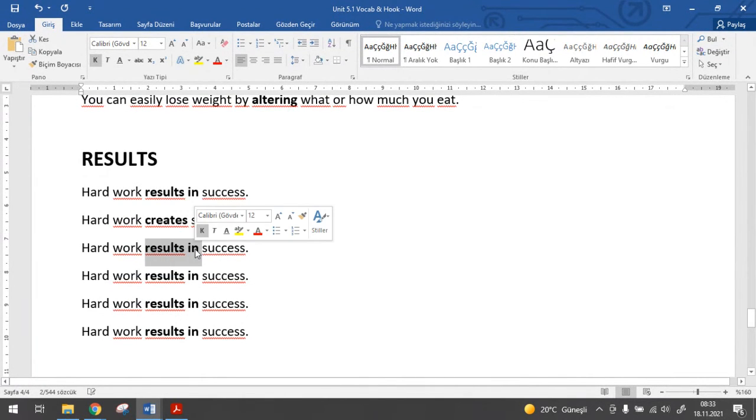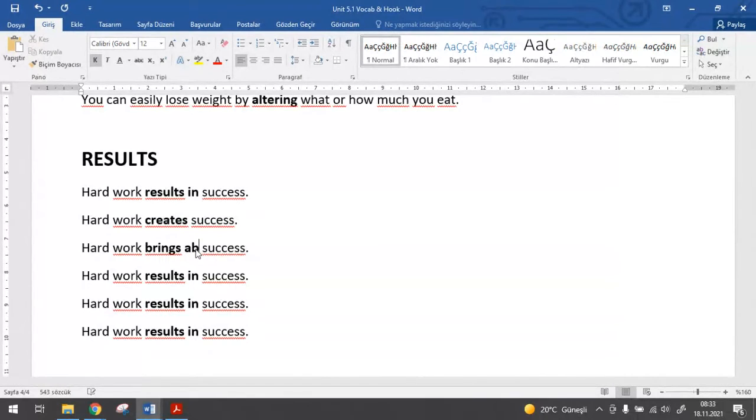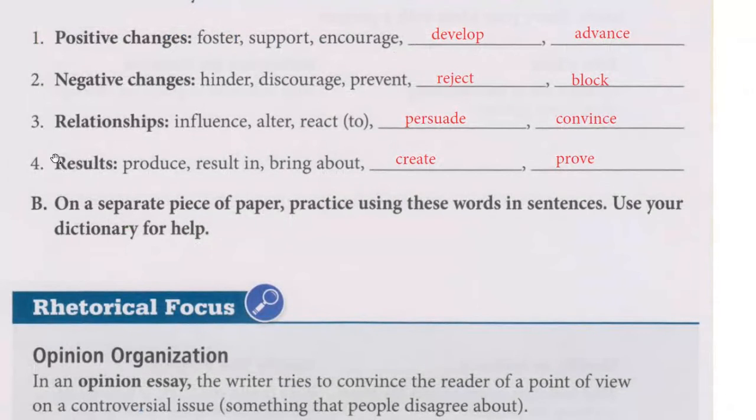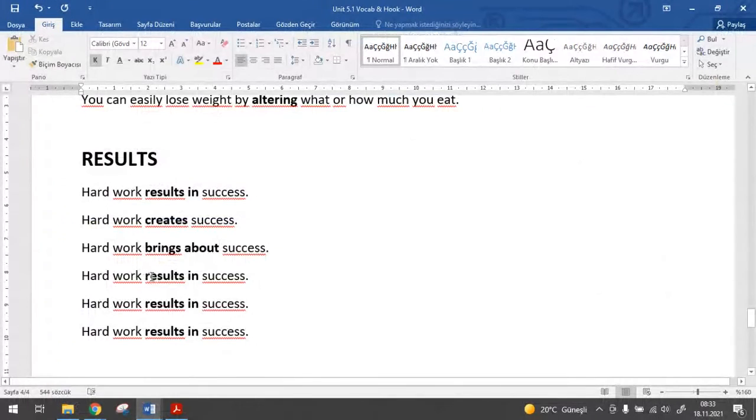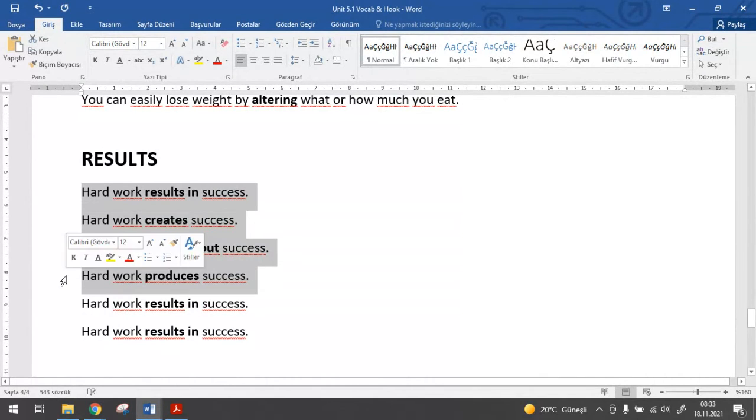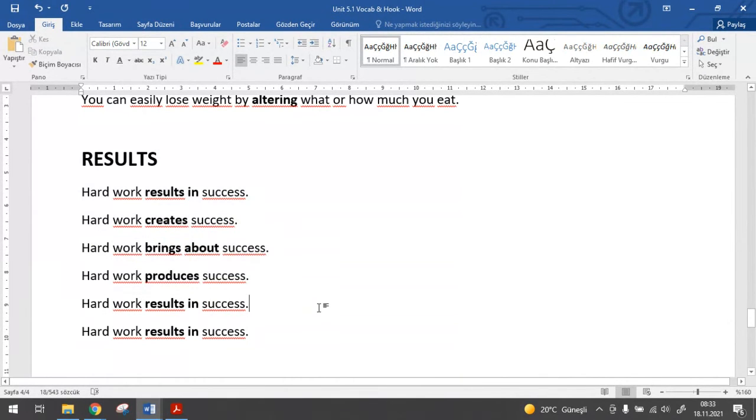Hard work brings about success. If you look at this list here, you can see hard work produces success, for example. These sentences all mean the same with different vocabulary.